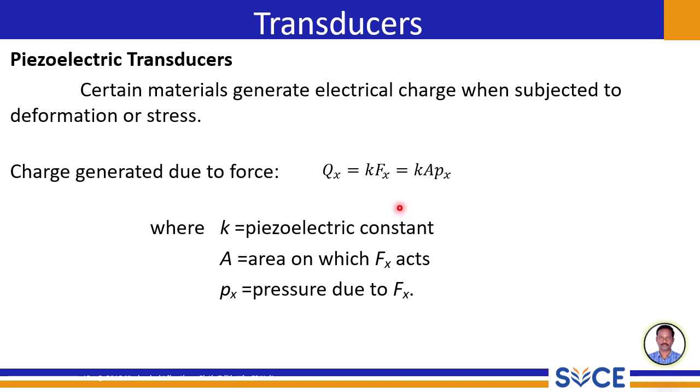Piezoelectric transducers are widely used in vibration measurement, particularly for accelerometers, because they provide a direct and rapid response to changes in acceleration, which translates to a force on a piezoelectric element due to the inertia of a mass.